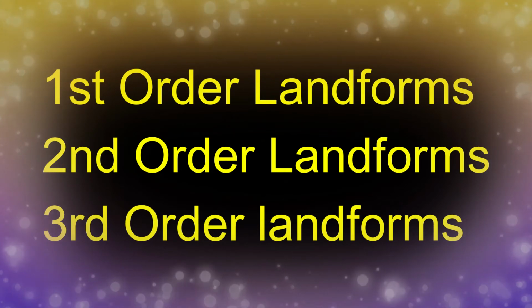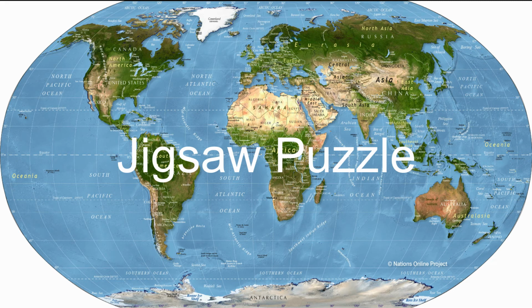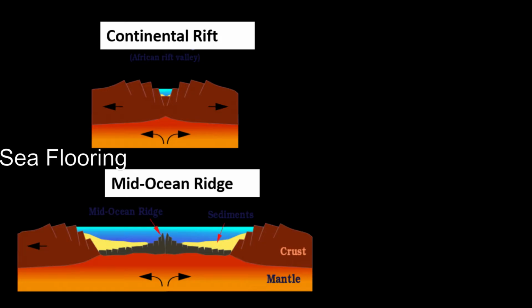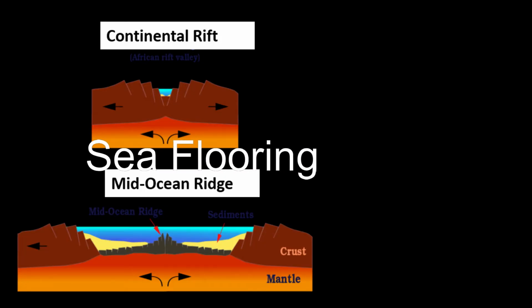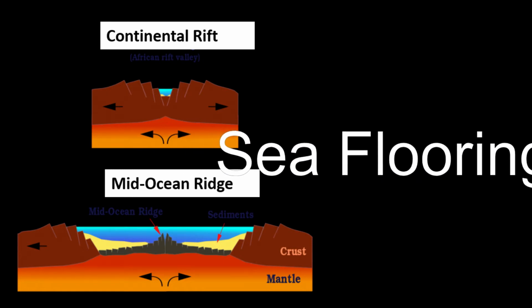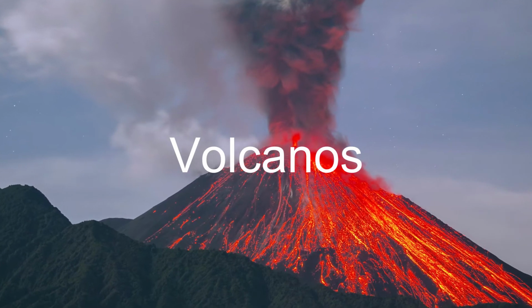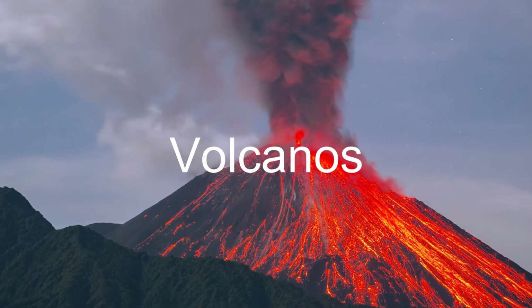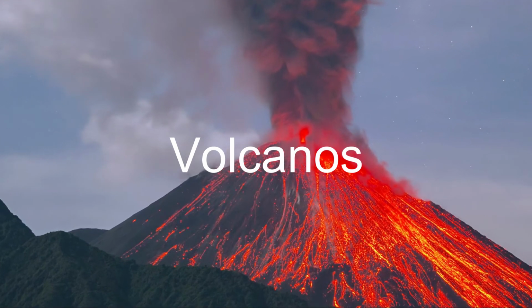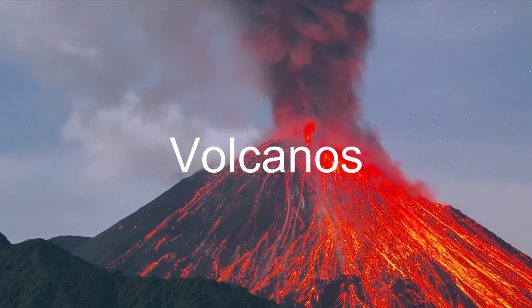After the jigsaw puzzle, we discussed plate movement, sea floor spreading, how the sea floor spreads, how volcanoes form, and which volcanoes are important in the world. These were all discussed in the previous class.